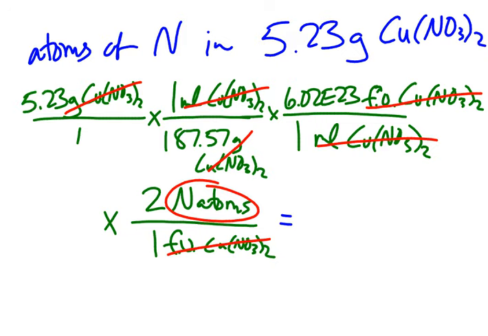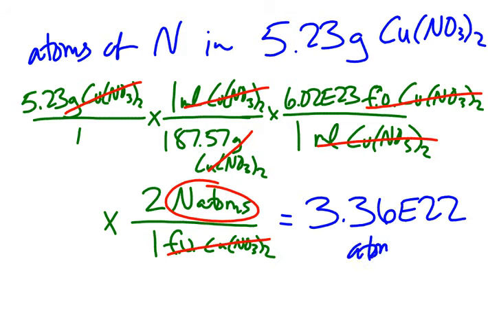If I know that roughly 5 grams of copper nitrate is well below the molar mass, I should have well below 6.02 times 10 to the 23rd atoms of nitrogen, even though there's 2 nitrogen atoms in every formula unit. My answer with 3 sig figs ends up being 3.36 times 10 to the 22nd atoms of nitrogen. On the calculator, it shows up as 3.357. Well, with 3 sig figs, I need to round that 5 up to a 6.